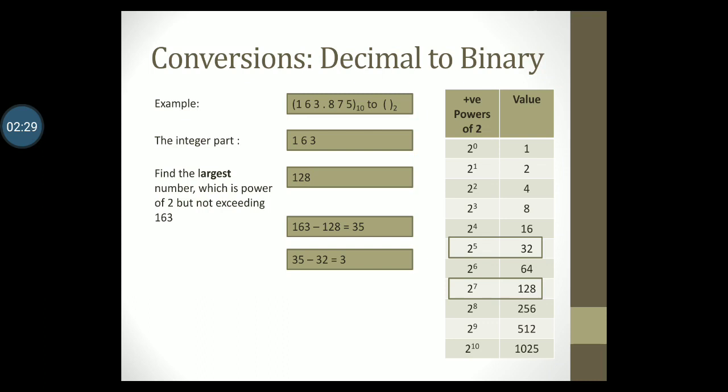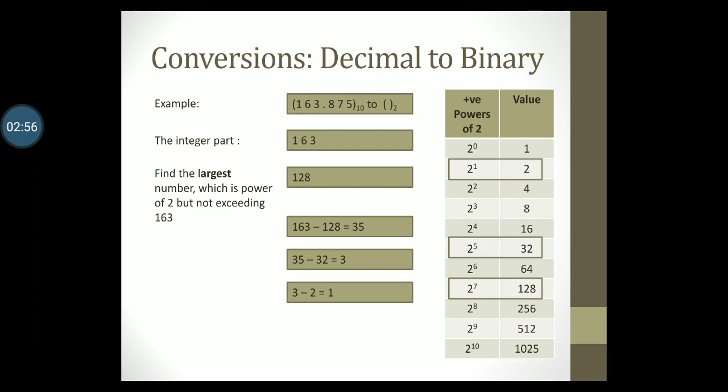Doing the same process again, we find a number which is a power of 2 but does not exceed 3. 2 raised to 1 is 2, a number which is a power of 2 and does not exceed 3. So we record it and find the difference 3 minus 2 equals 1.